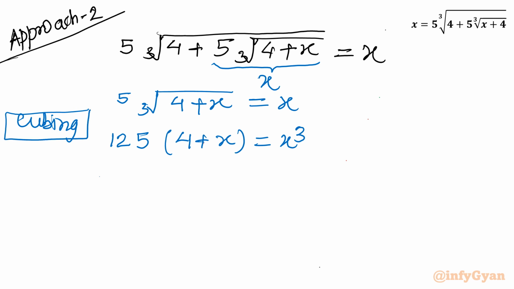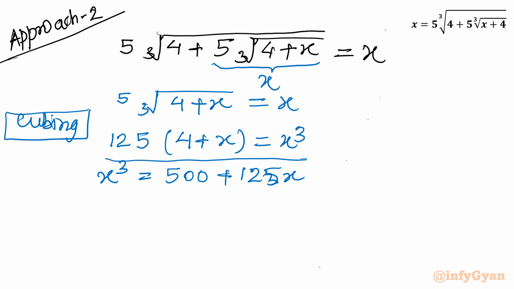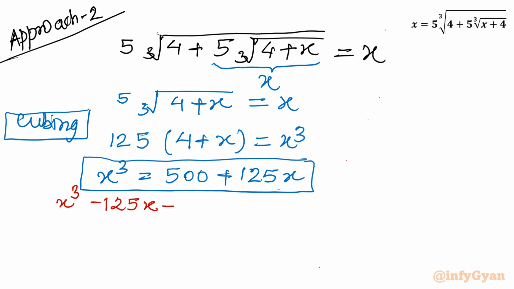Now I will write x cube equal to 125 times 4, which is 500, and 125 times x, so I will write 125x. And you can check this is a similar equation to method 1 that we have solved. Now our equation will become x cube minus 125x minus 500 equal to 0.